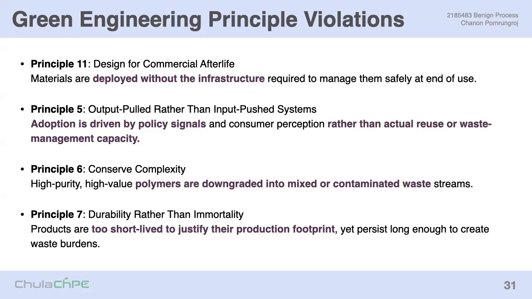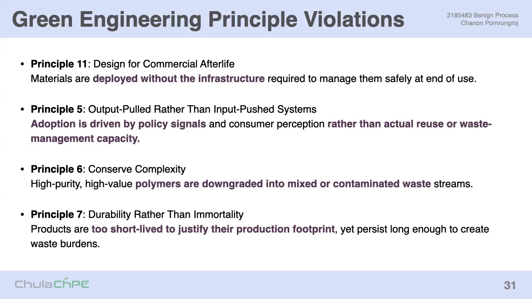What Cafe Amazon is doing very well is that they not only introduced the biodegradable plastic cup, but they also made a system to collect it, even though it's not really successful, at least they try. But material deployed without proper infrastructure for the afterlife or end use is not sustainable. So that's principle 11, right?